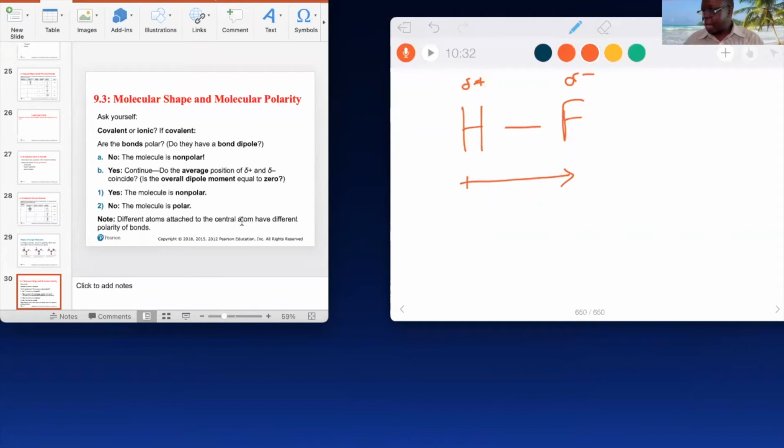As opposed to, say, bromine, Br2. This is non-polar. So I'll use electronegativity as well as the molecular shape to see how the electrons are displaced before you make a conclusion on whether it is polar or non-polar.